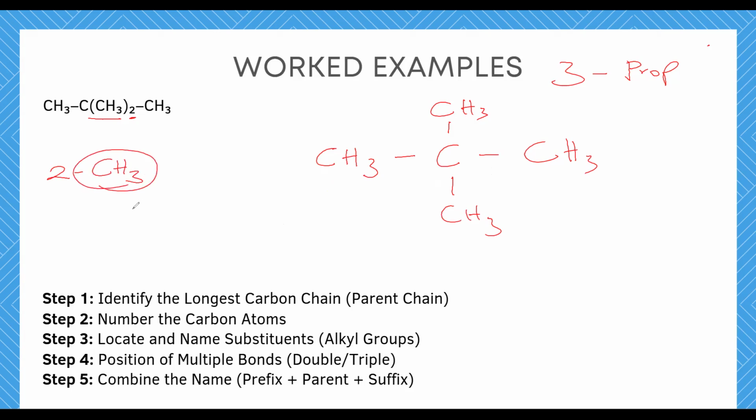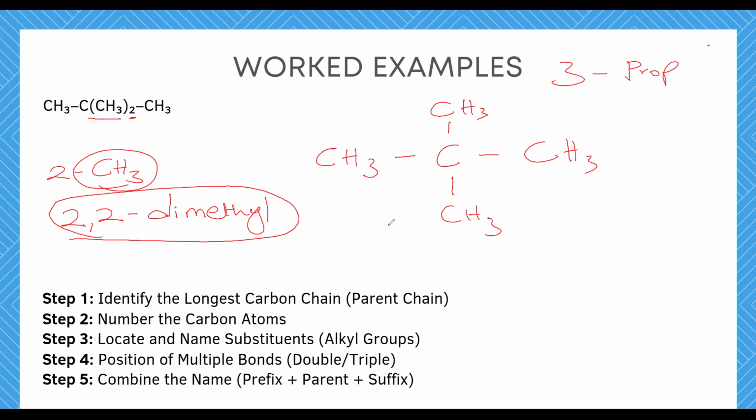So how do we name them? Here is what you do. You put the numbers of the substituents 2 and 2 because both of them are located on carbon number 2. And then the name that you give to them, since they are both the same, you use the name dimethyl. Dimethyl is simply telling you that there are two methyl substituents located on the carbon number 2. So this will serve as our prefix. Are you following?